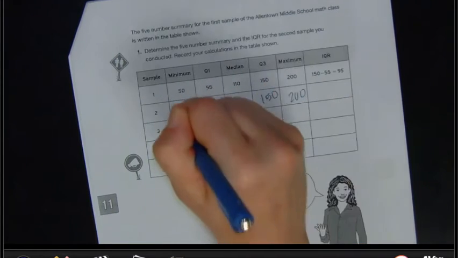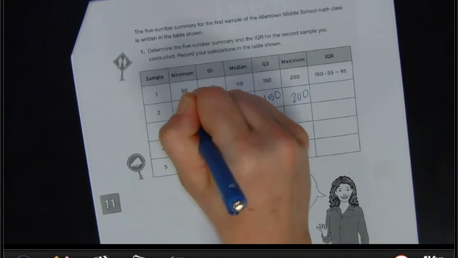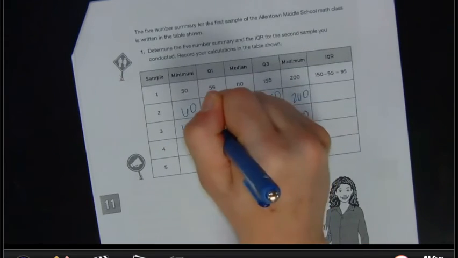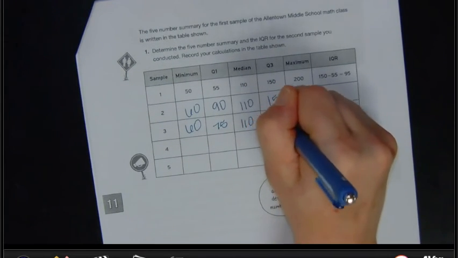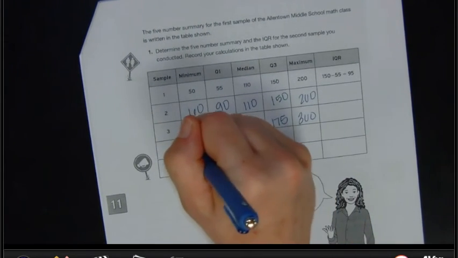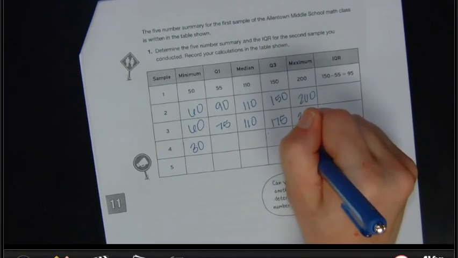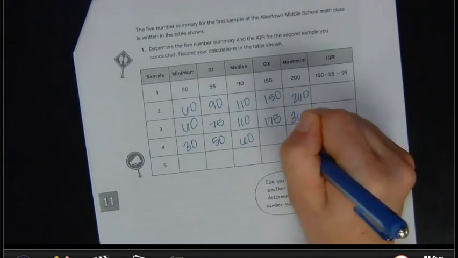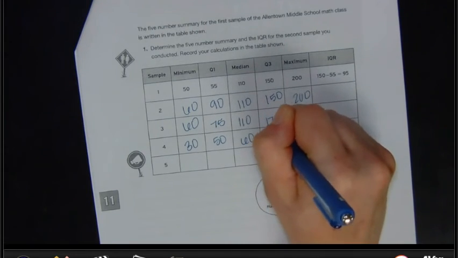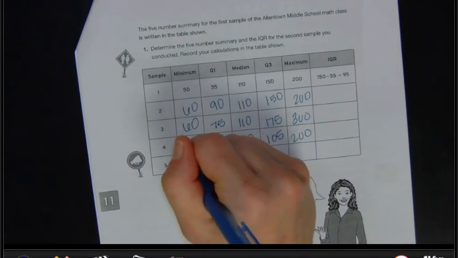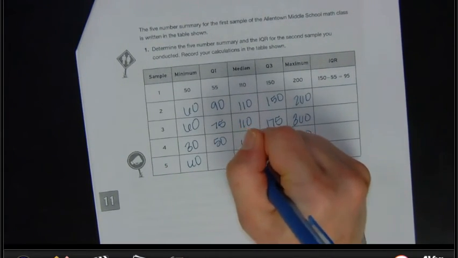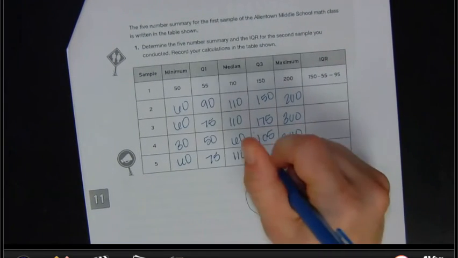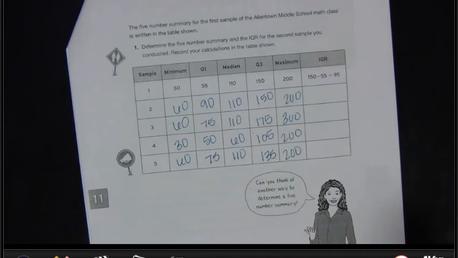Q3 was 150. Number 3, I was at 60, and then 110, 300, 75, and 175. 4 was 30, 200, 60 was the middle, 50 was the lowest, and then 105 was the highest. 60, 110, 200, 75, and then 135.